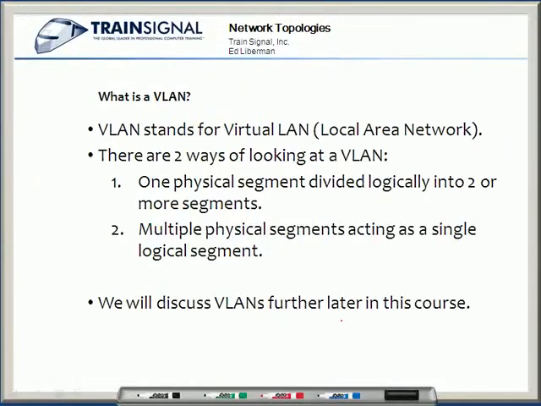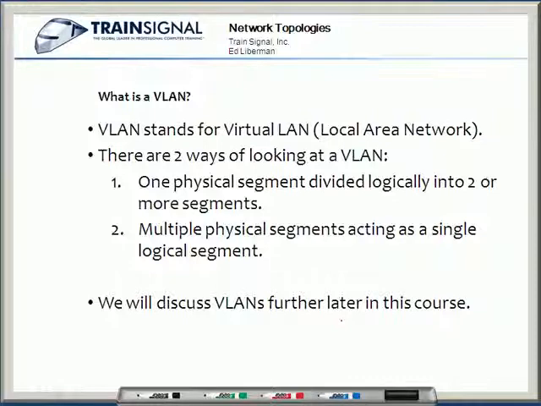So the last thing we have here is the VLAN. VLAN stands for Virtual LAN, or Virtual Local Area Network, if you want to spell it all the way out. Now, there are two ways of looking at a VLAN, and this is something that actually makes it kind of confusing. One way of looking at it is you might have one physical segment, so one physical chunk of computers, meaning they're all connected on one cable through one device. If it's like a star topology, they can all be connected through one device.